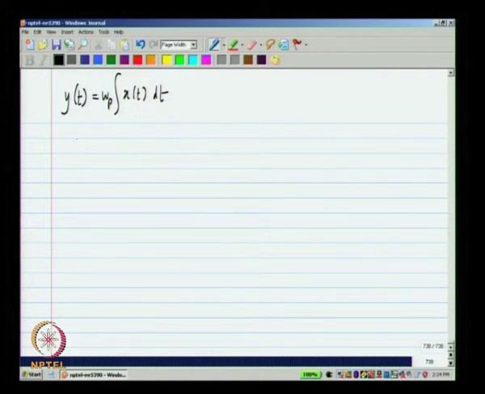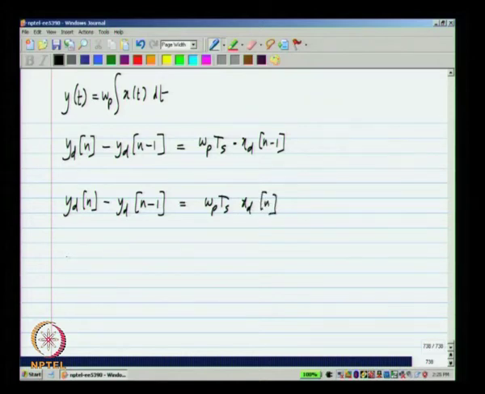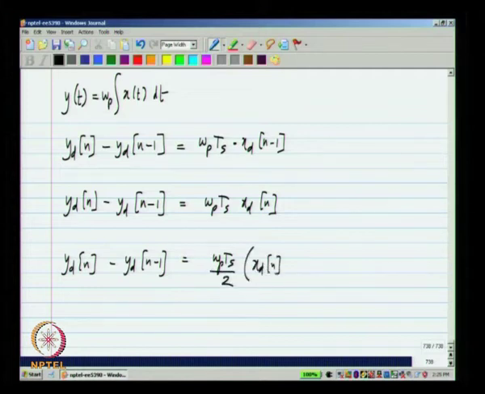Now, what are the three approximations for this we have in terms of the discrete time values? y_d of n minus y_d of n minus 1 is basically omega_p times the approximated integral, which is either this or that, or finally this.